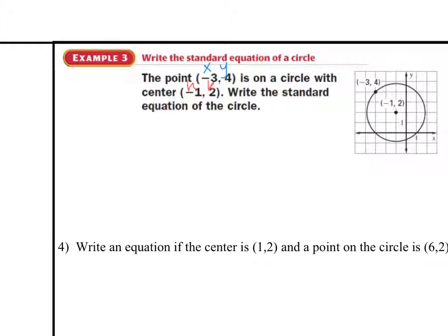What we're going to do instead is take what we know and put it in the equation. So let's just start with the center. It was x, it's -1, 2. So I'll put x plus 1 squared plus y minus 2 squared is equal to the radius squared, which we don't know yet.